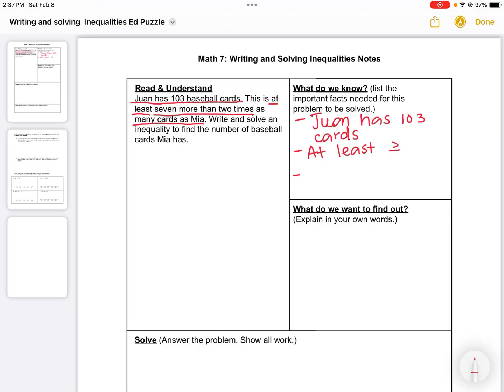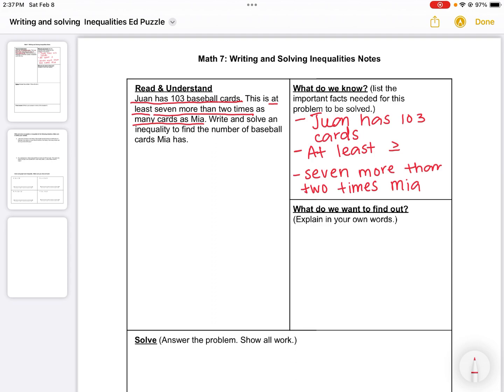So, 7 more than 2 times Mia. That should be it for the what do we know section.